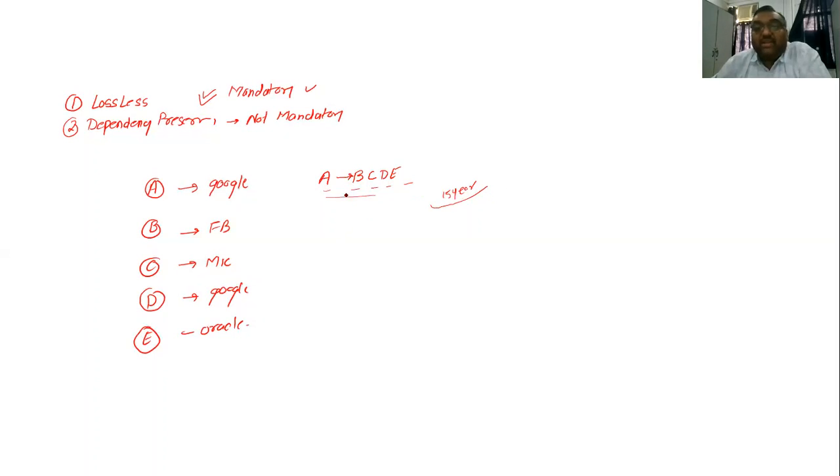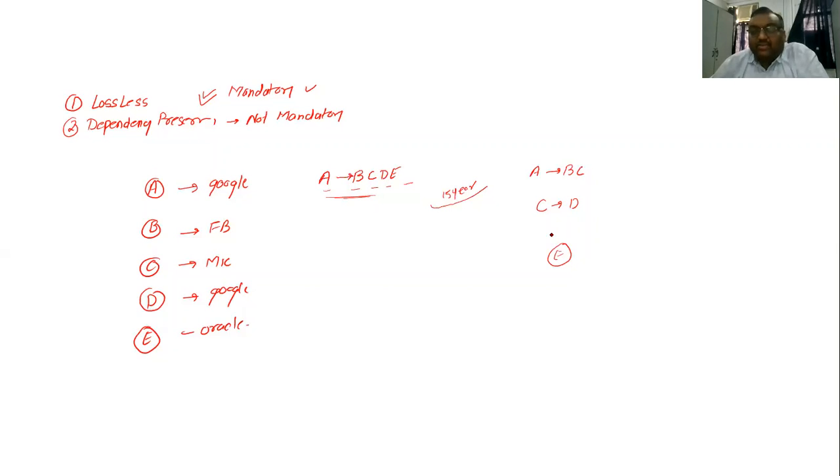Is the same relationship maintained? No, it is not necessary. At that moment, maybe A belongs to B, C belongs to D, and E is not linked with anyone.